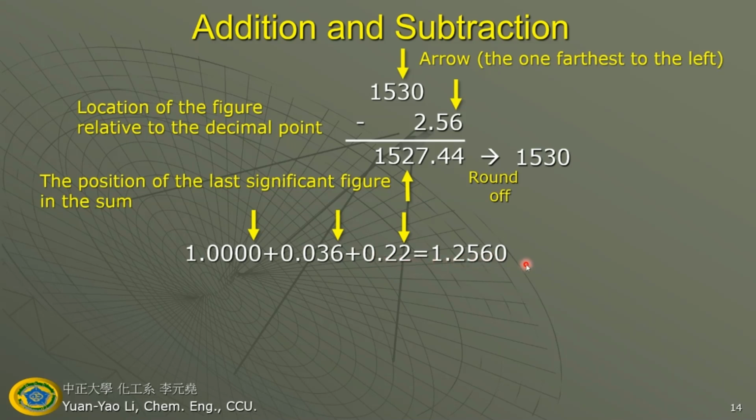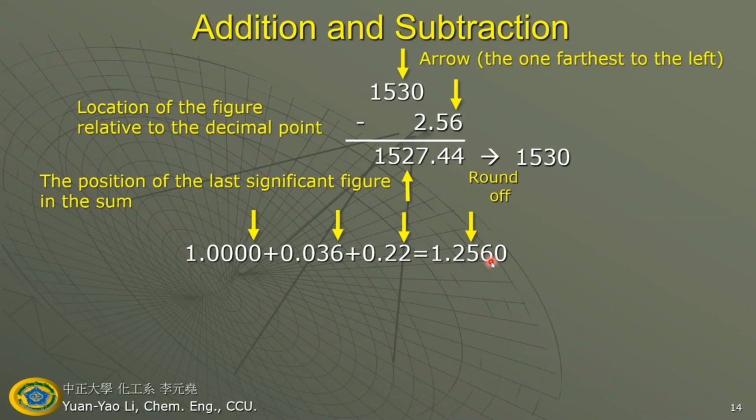1.2560. But this is not the answer you should give me. Why? Because if you consider significant figures, then only this one will be the significant figures here. Okay? So this is the one, and you do the round-off on the digit after it.